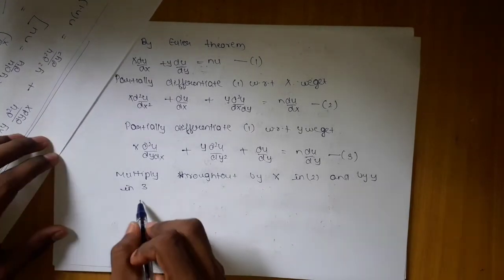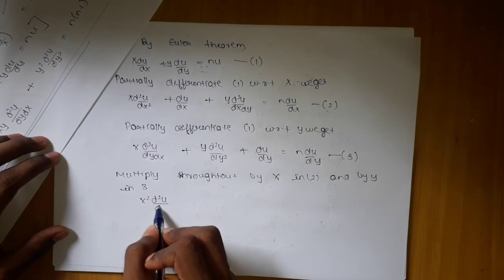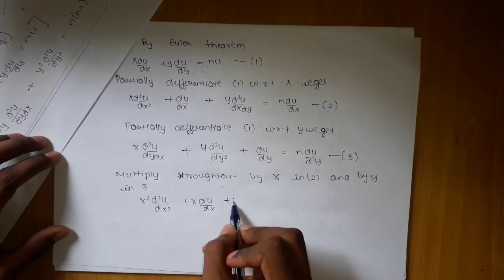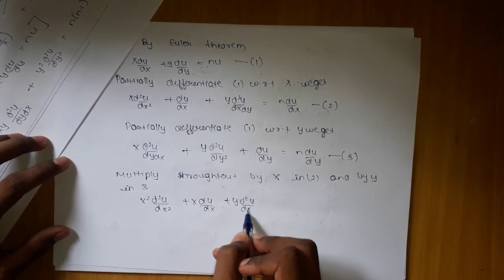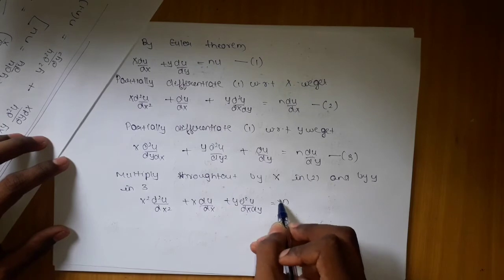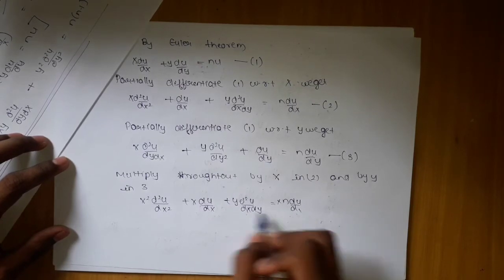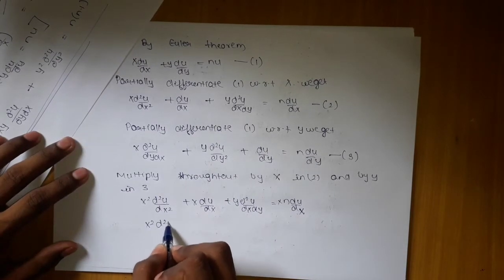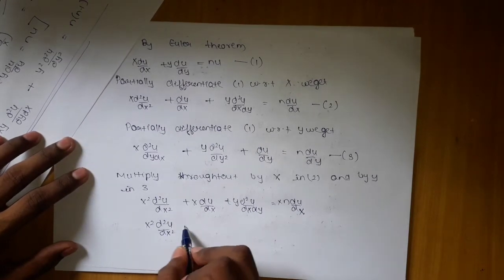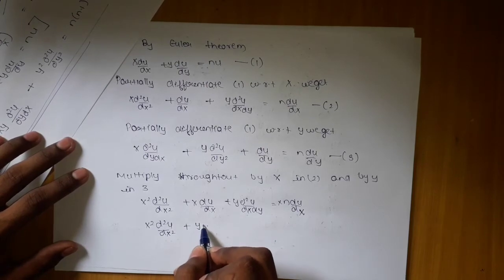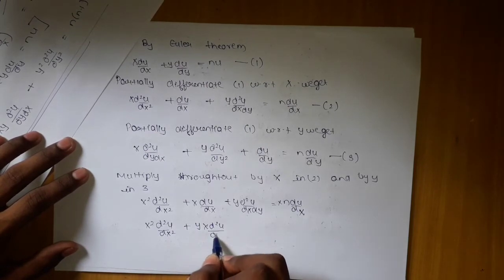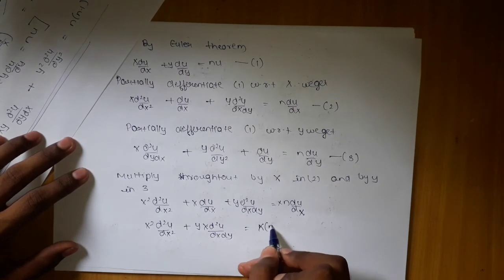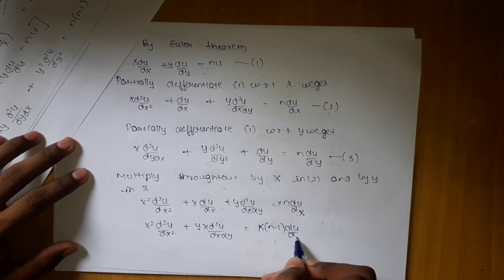If I do that, I get x square dou square u by dou x square plus xy dou square u by dou x dou y plus x dou u by dou x. If I take this dou u by dou x to this side, I get x n minus 1 dou u by dou x.